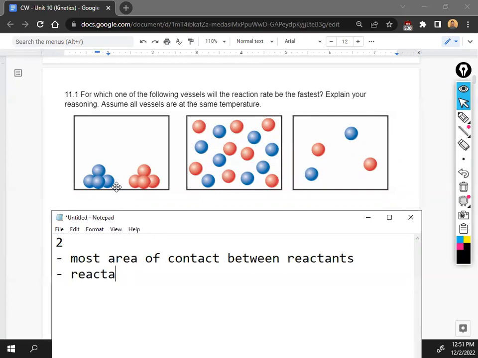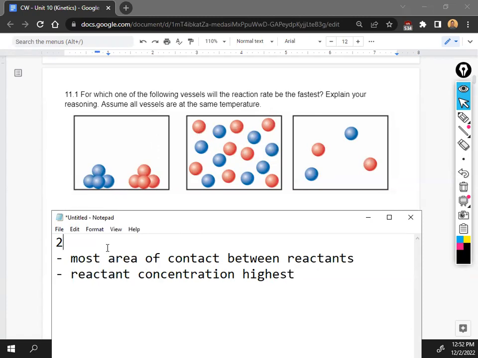Yeah, reactant concentration. So if you compare 1 and 2, 2 has higher area of contact, and then you can compare 2 and 3, and 2 has a higher reactant concentration for both the red and the blue ones, and so those are the 2 reasons. So you can write 2 because it has the most area of contact between reactants, and the reactant concentration is the highest. That's it.